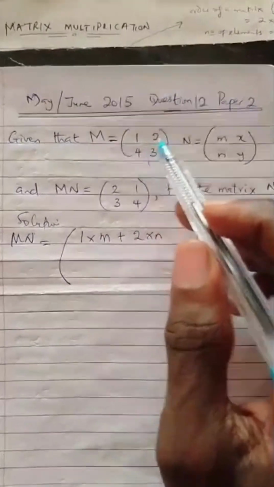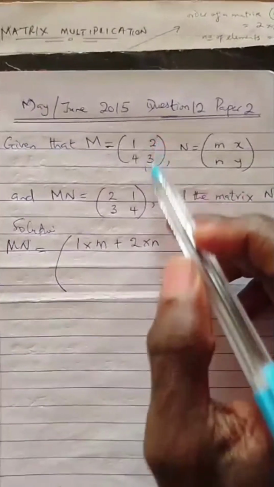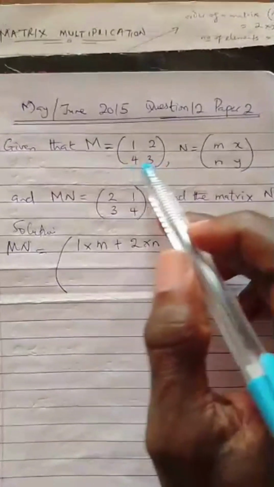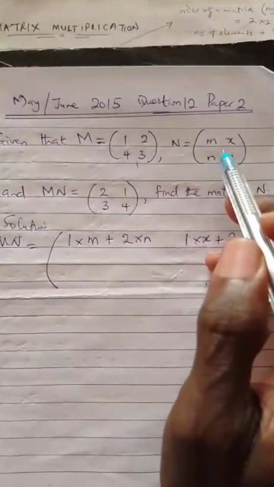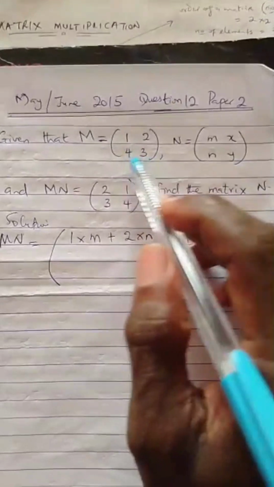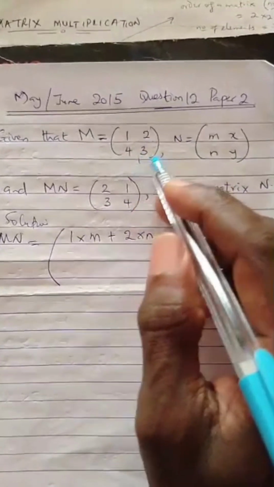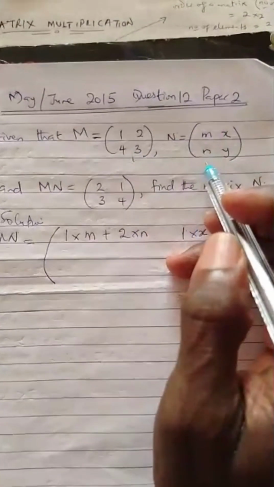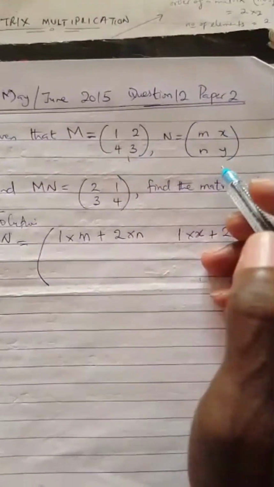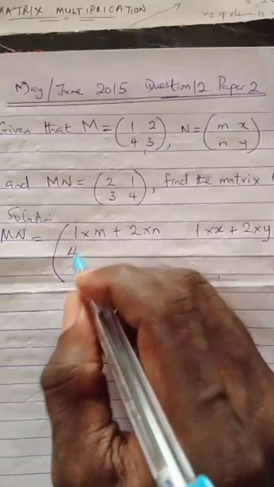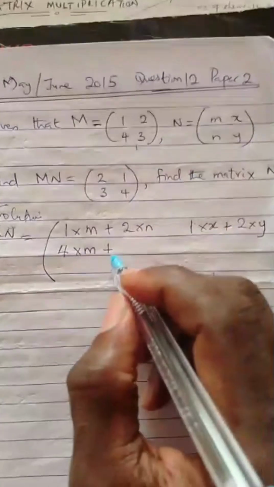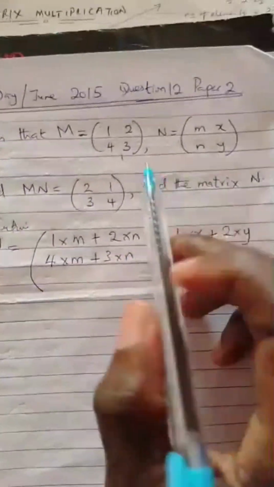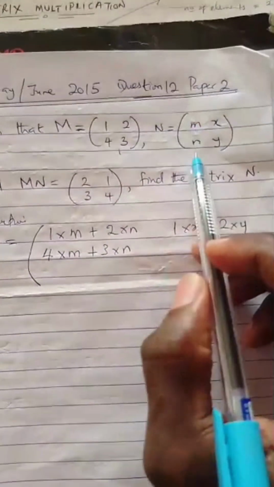Now the turn of the second row of the first matrix against all the elements in the second matrix. So 4 and 3 will multiply m and n, and then 4 and 3 multiply x and y. So for the second row, 4 times m plus 3 times n. You see the way, row by column.